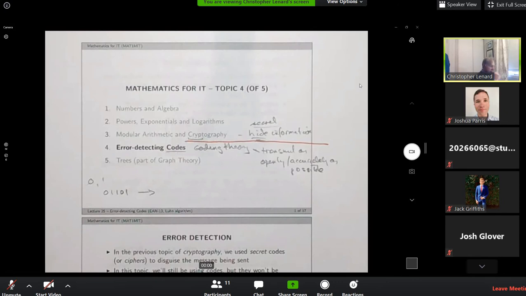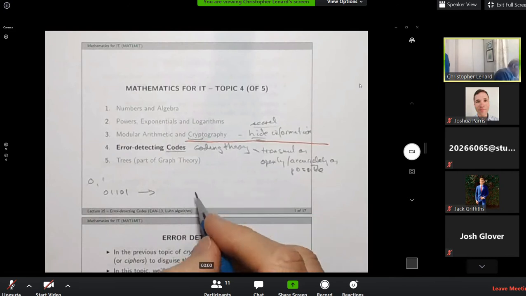So you've got this little transmitter trying to send 0, 1, 1, 0, 1. But because it's such a weak signal from the radio transmitter on this satellite that's out near Pluto or further out, errors are going to happen on the way, so that these signals just get corrupted.